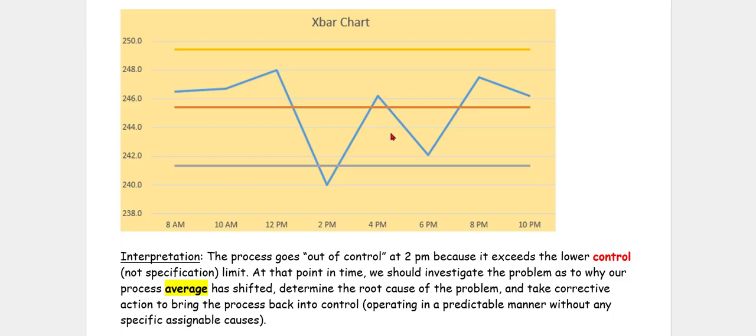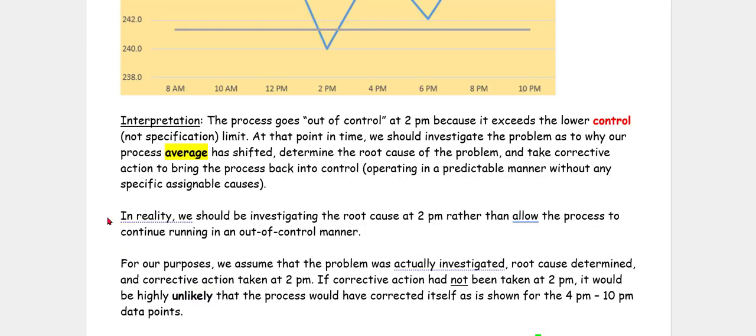Determine the root cause of the problem, what is causing this, and take corrective action to bring the process back into control, operating in a predictable manner without any specific assignable causes. When it operates between the upper control limits and lower control limits, it is considered to be in control, operating predictably.